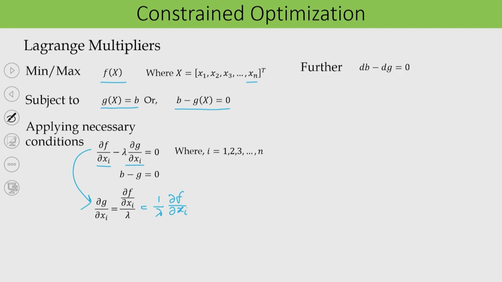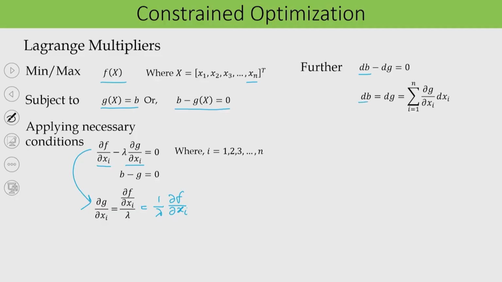I can also write that if there is a small change in b, then taking the derivative, db minus dg equals 0.